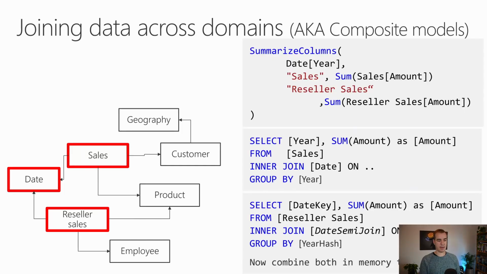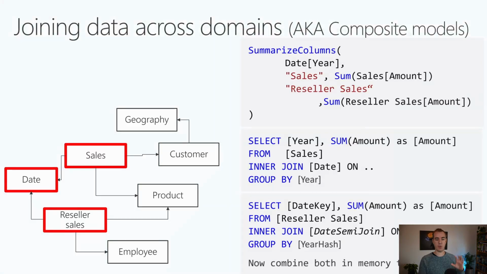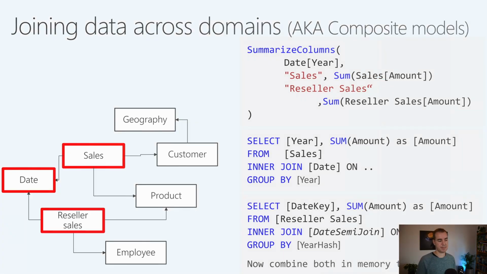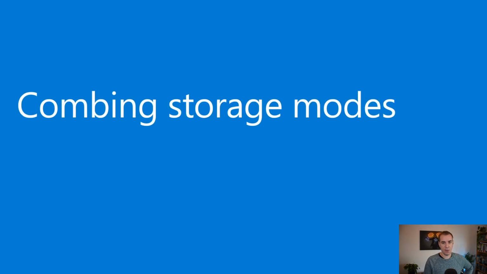So going back, when we are joining across domains, we have to make sure that we query both sides, and finally we inject them together in memory. Okay, so that's composite models. Now, what happens? So composite models is now we have only still DirectQuery, right?